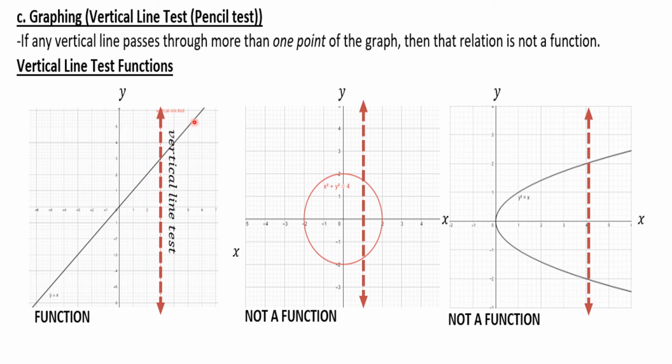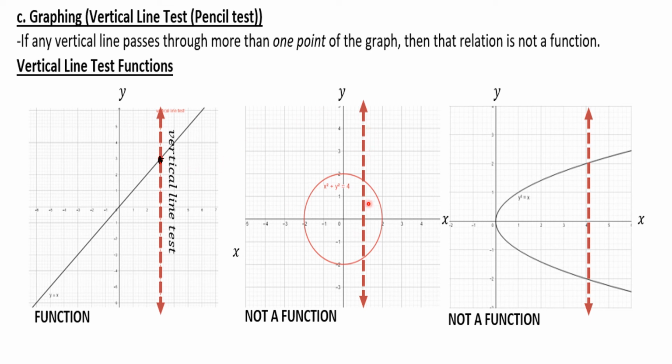We draw a vertical line, the red one, to test if the graph is a function. If the vertical line passes through the graph at only one point, then it is a function. It passes through here at exactly one point. So therefore, this is a function.